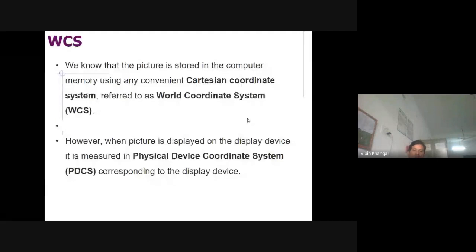However, when a picture is displayed on a display device, whichever device you are using, it is measured in the physical device coordinate system.